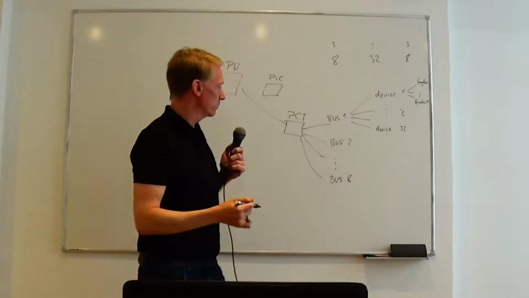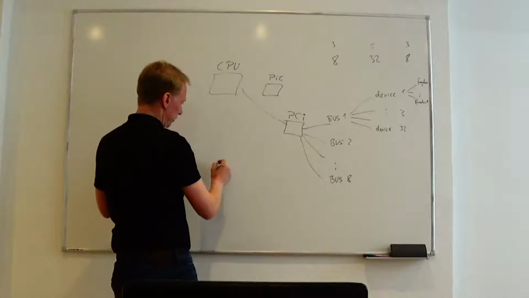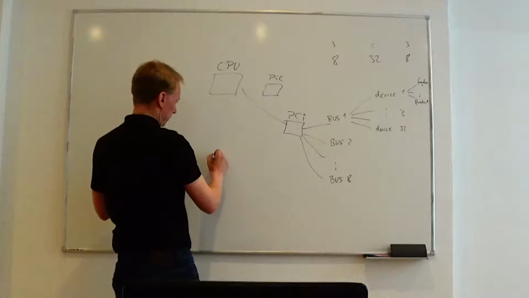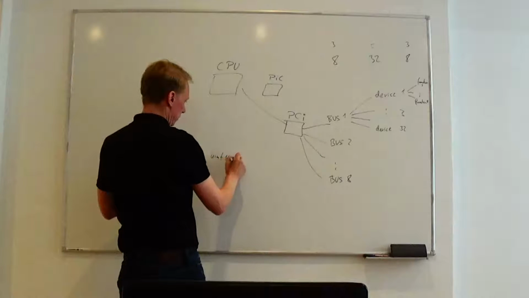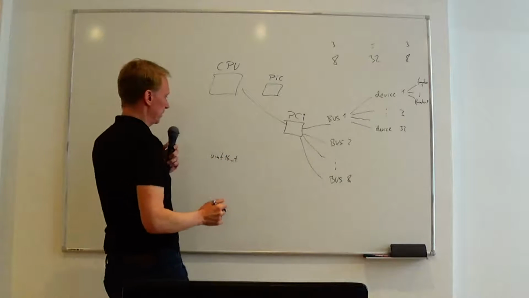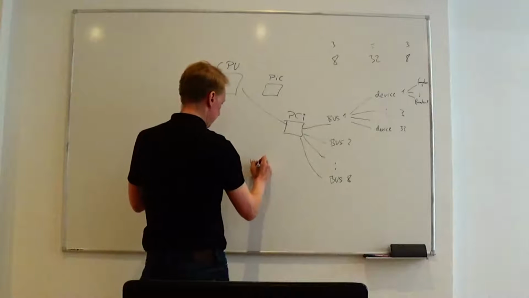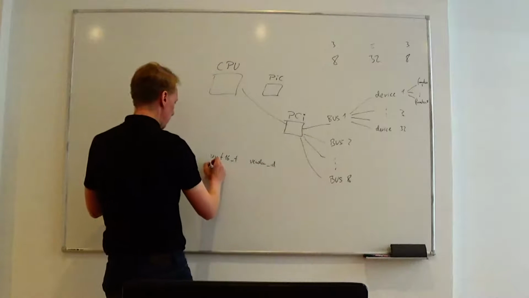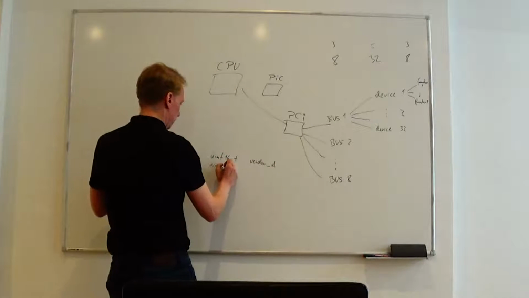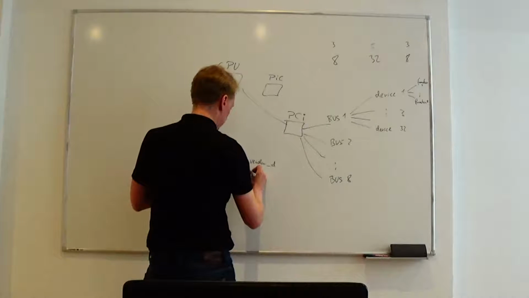Okay, and then it will give us basically 2 16-bit integers. So uint16_t for the vendor ID, and a uint16_t for the device ID.